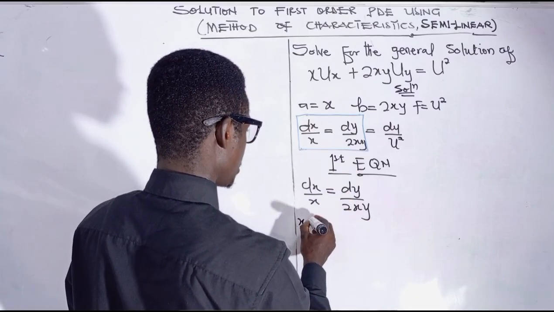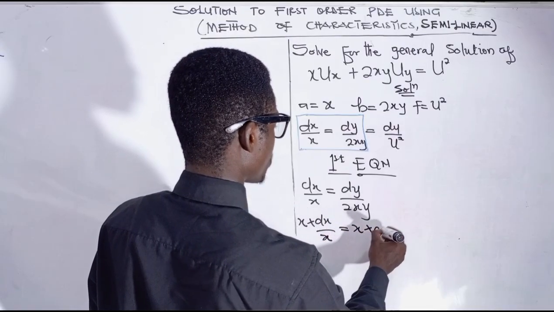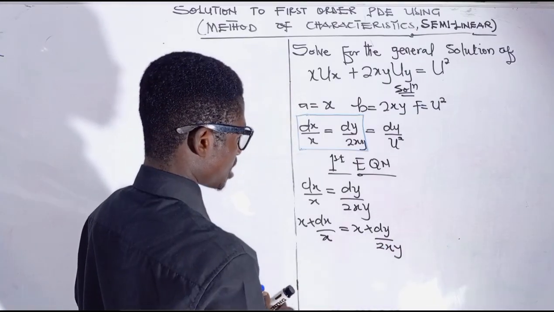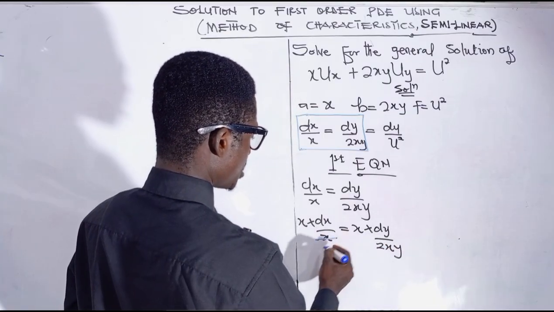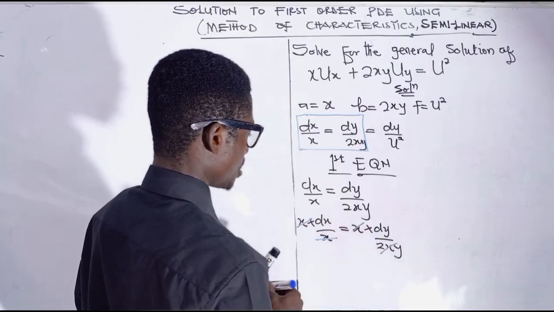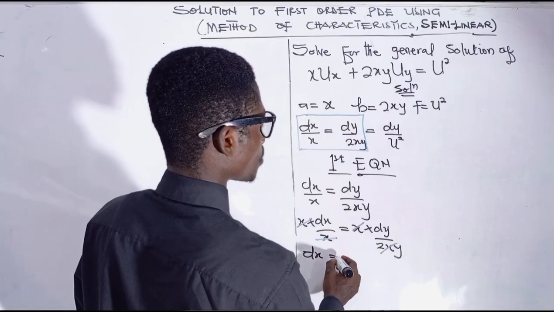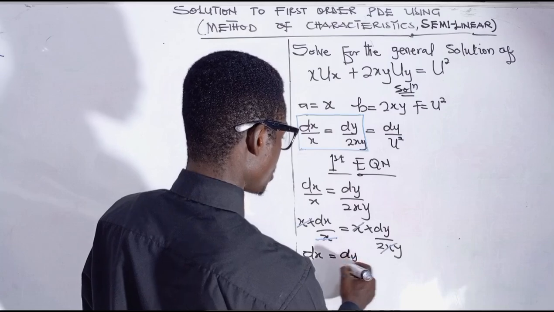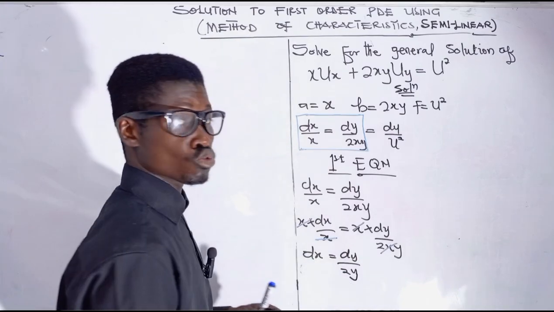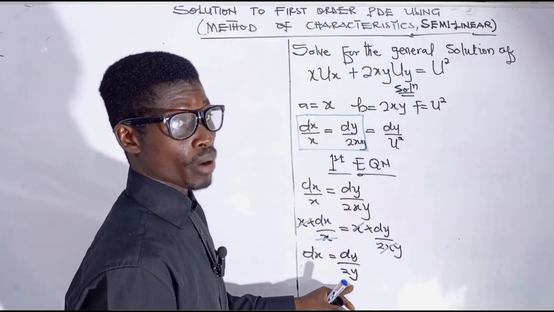So we have x times dx over x is equal to x multiplying dy over 2xy. From here we can see that this x will cancel this x, and this x will also cancel this x. We are left with dx is equal to dy over 2y. From here we can decide to multiply by 2, so that we have 2dx is equal to dy over y.